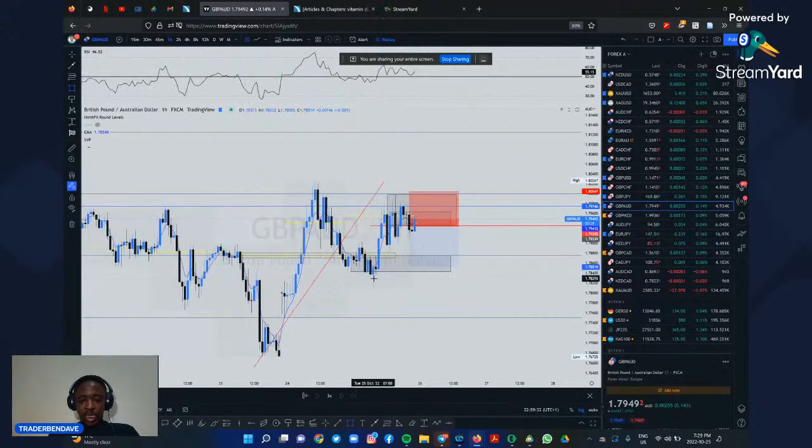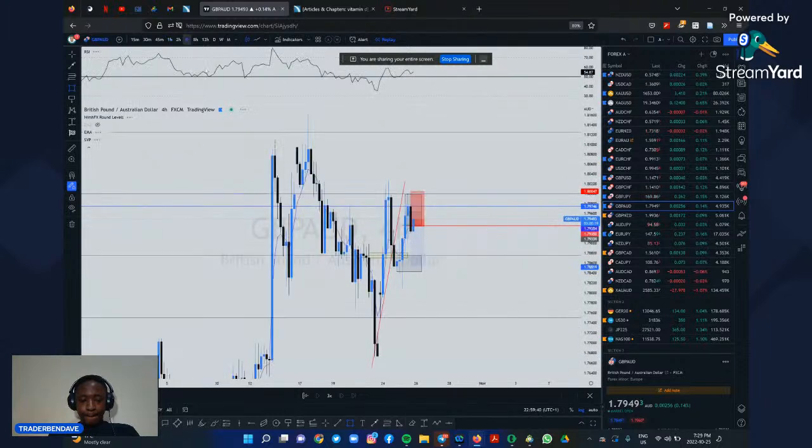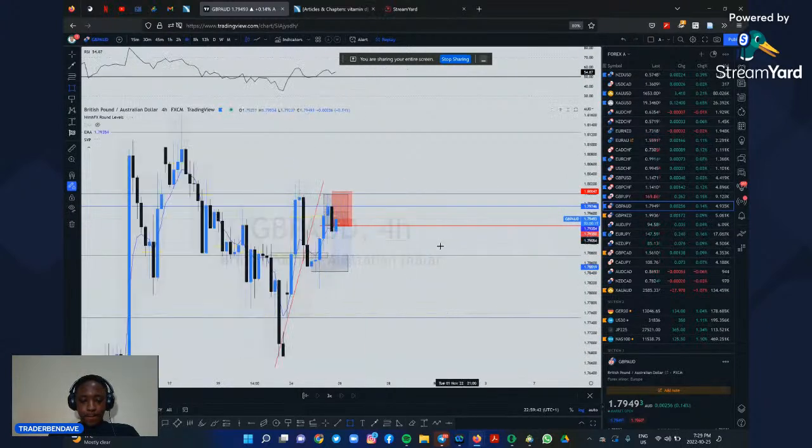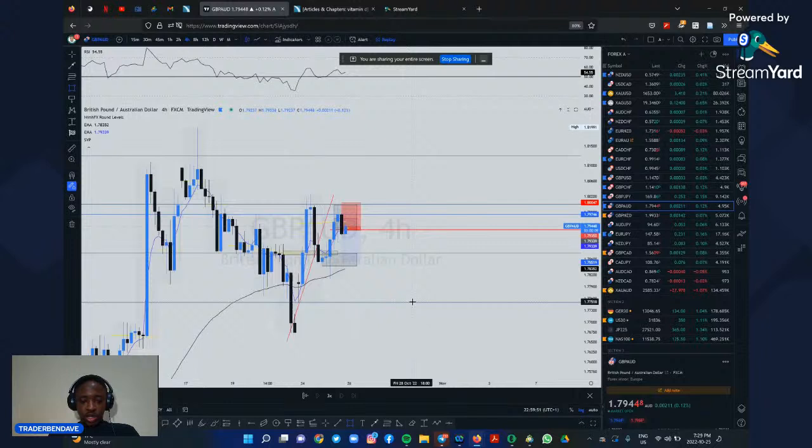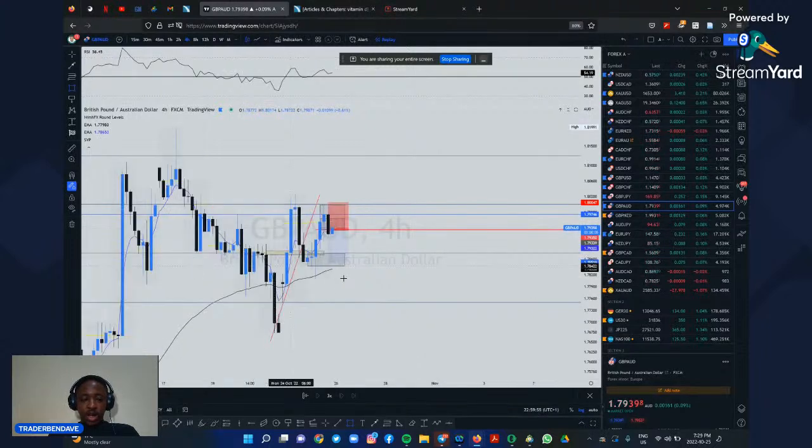But, very tricky. This structure is bullish. I'm not sure if I should hold it for the AUD news.